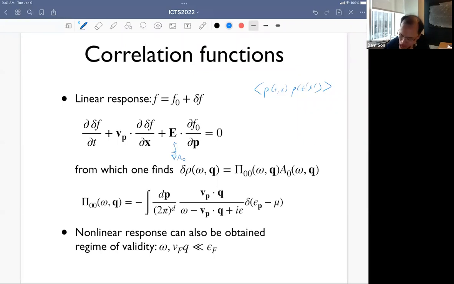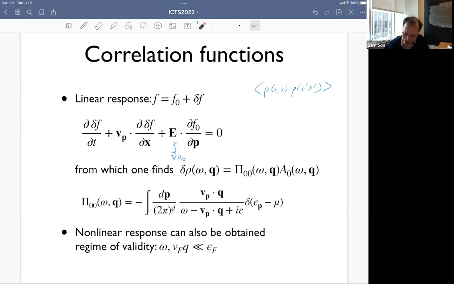The calculation of the two-point function of density goes through the linearization of the Liouville equation. We write f equals f0 plus delta f, solve this linearized Liouville equation for delta f, and from there we read out the change of the density.